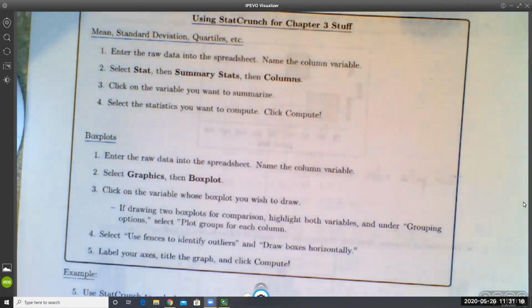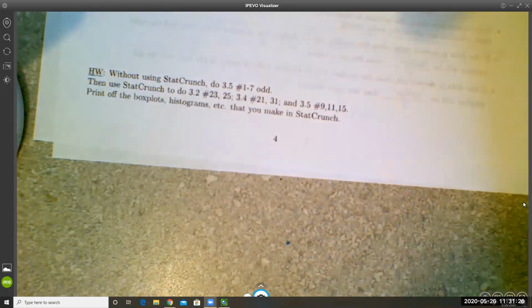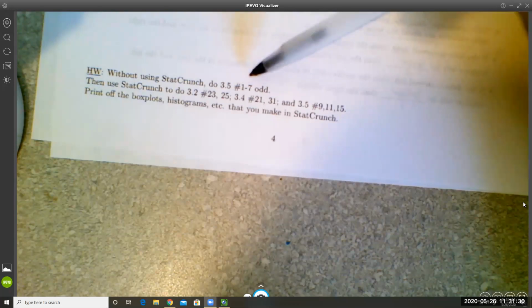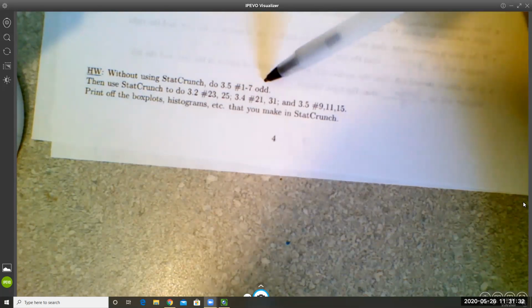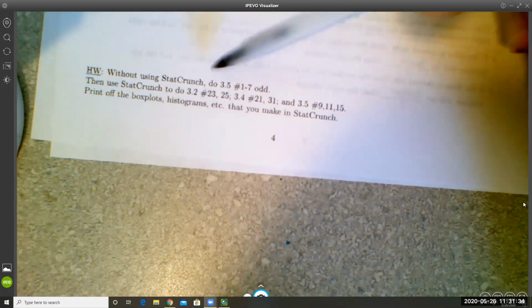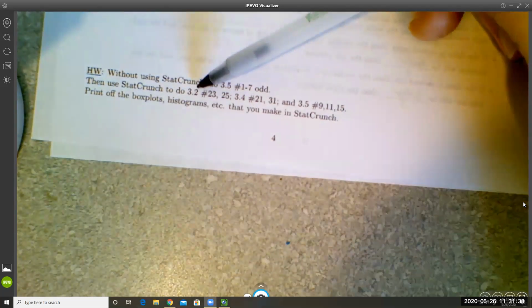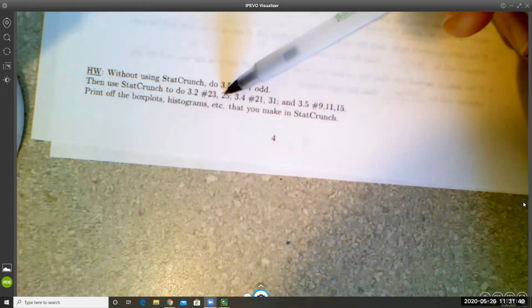Here are some instructions for how to do some stuff that we've done in Chapter 3 using StatCrunch. And skipping ahead to your homework assignment, I want you to do some box plots by hand in 3.5. So do numbers 1 through 7 odd from 3.5 without StatCrunch. But then I want you to go back to 3.2 and do a couple problems using StatCrunch.